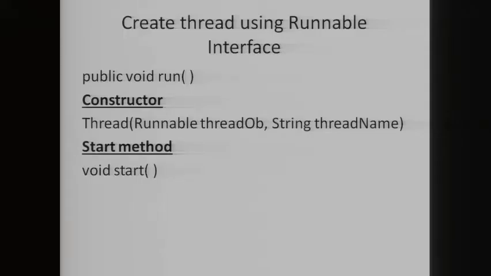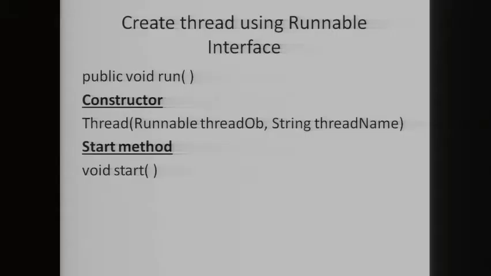And inside run, you will define the code that constitutes the new thread. A very important point to note here is that run can call other methods, use other classes, and even declare variables, just like the main thread can do. Whatever the main thread can do, run can also do.